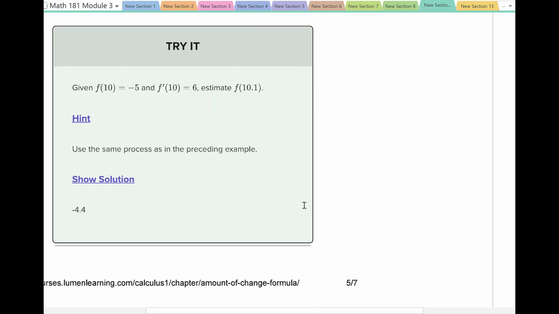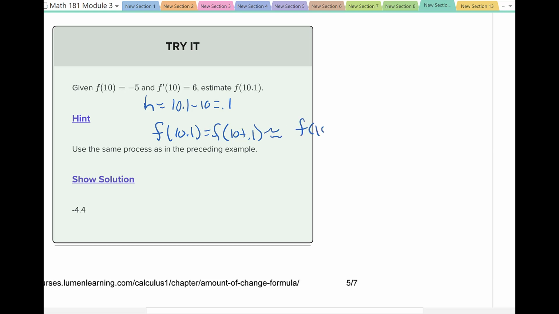So we're going to try one here. Given f of 10 is negative 5 and f prime of 10 is 6, estimate f of 10.1. So we have our h, in this case, would be 10.1 minus 10, or 0.1. So f of 10.1 is going to be f of 10 plus 0.1, which we would then approximate, and that's what these little wavy lines mean.